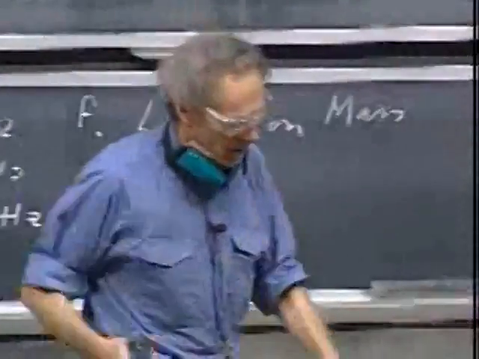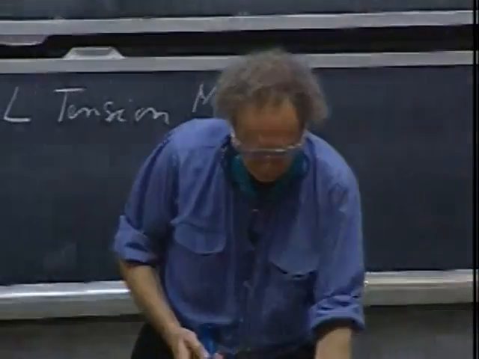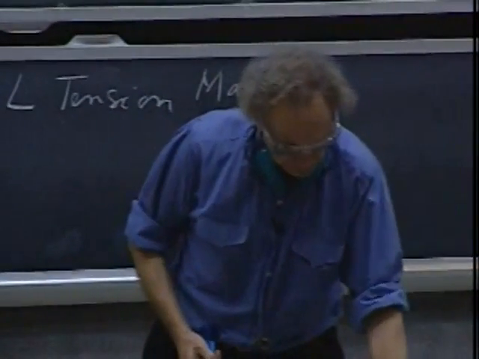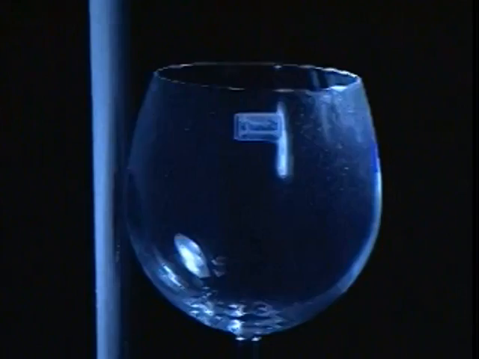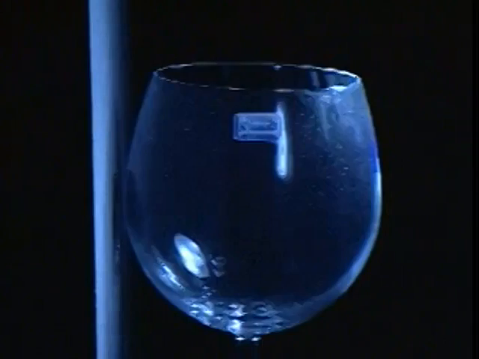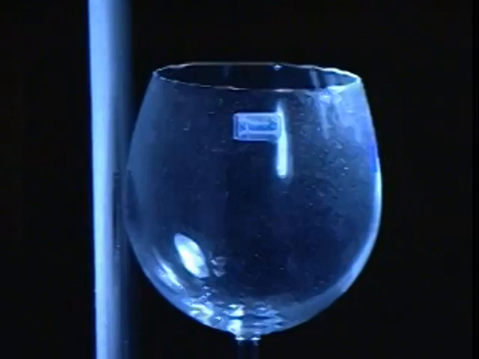All right, so let's make it very dark. So you see here the glass. It's not doing very much. And I'm now going to increase the volume of the sound.